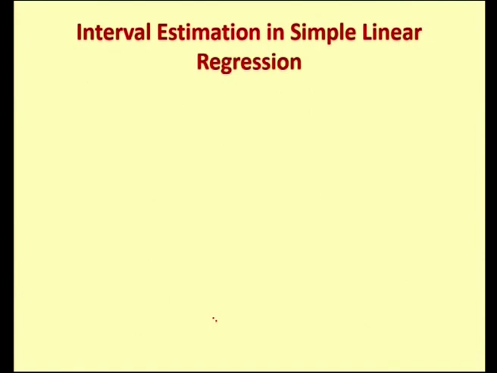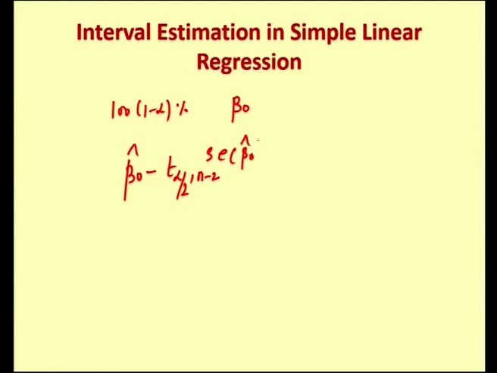And the 100 times 1 minus alpha percent confidence interval for the intercept beta naught is obtained as beta naught cap minus t alpha by 2 comma n minus 2 times standard error of beta naught cap, less than or equal to beta naught, less than or equal to beta naught cap plus t alpha by 2 comma n minus 2 times standard error of beta naught cap.